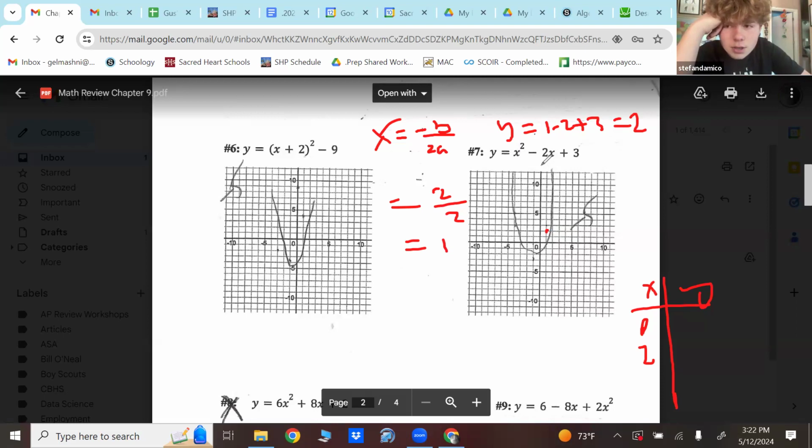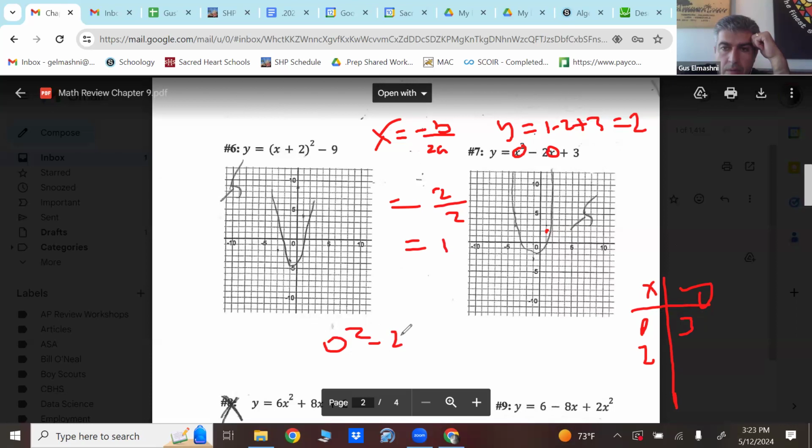For 0, you would get 1 and 2. If you plug in 0 for x, I got 3. Right? Plug in 0, you get 3. And then you plug in 2, you get 9. No, 6. No.